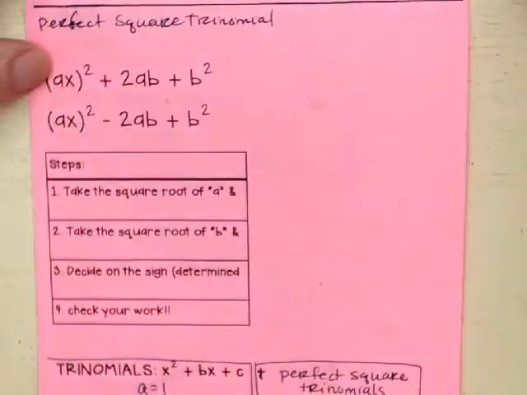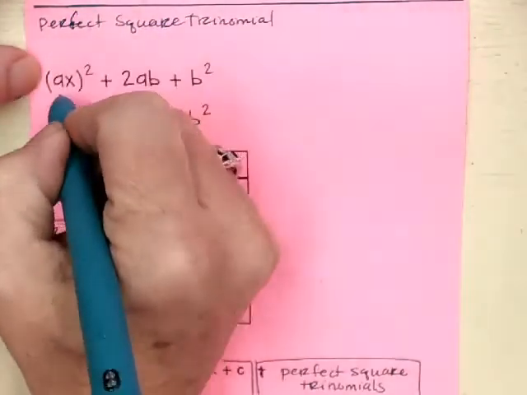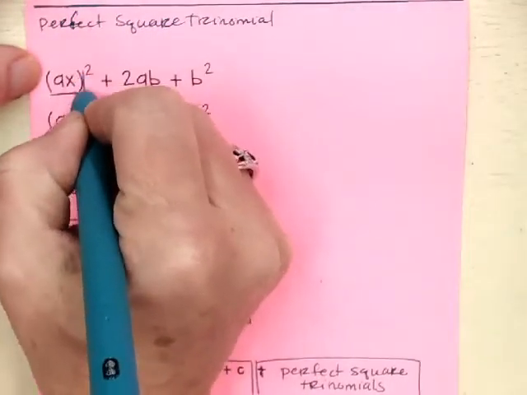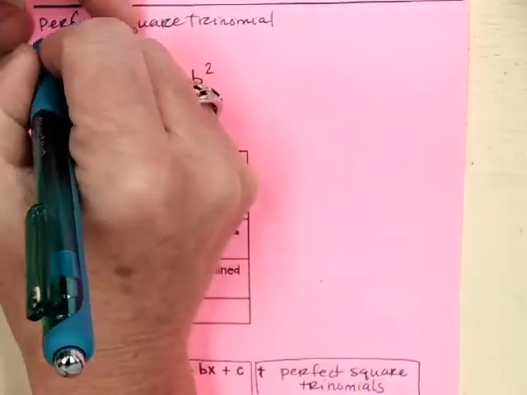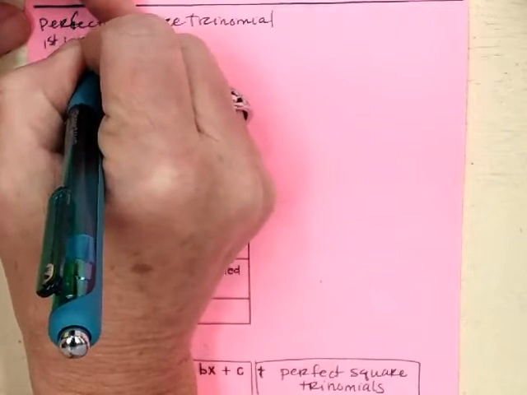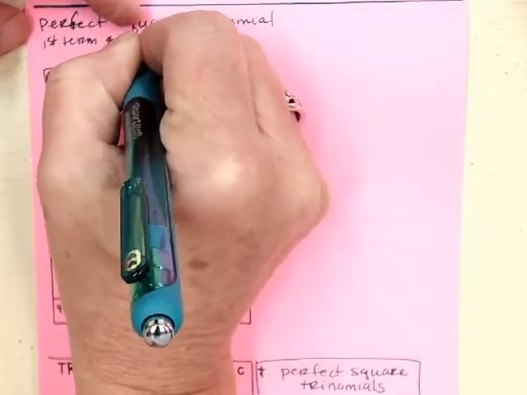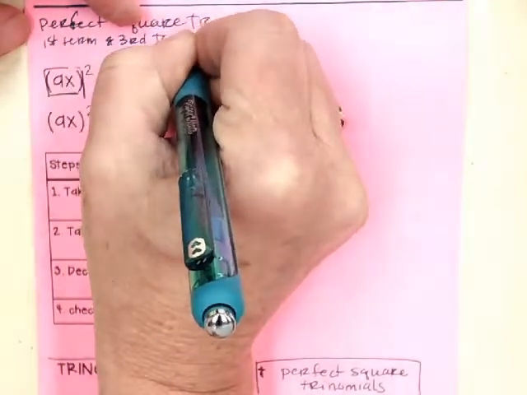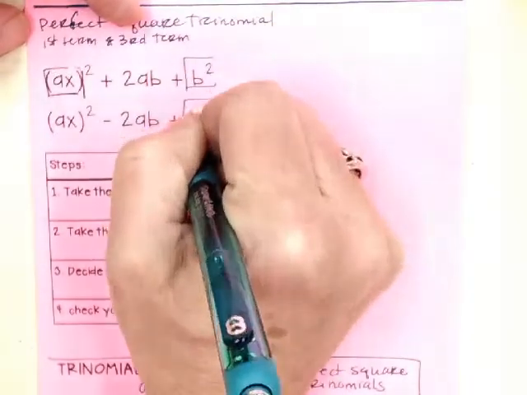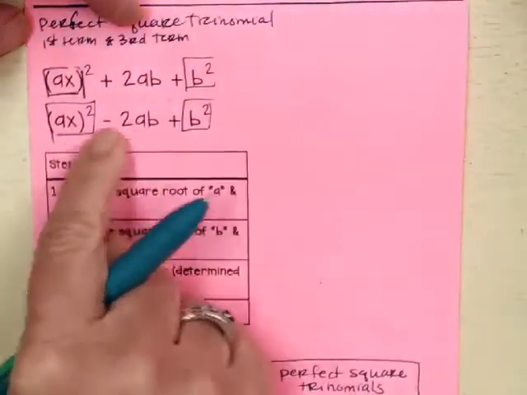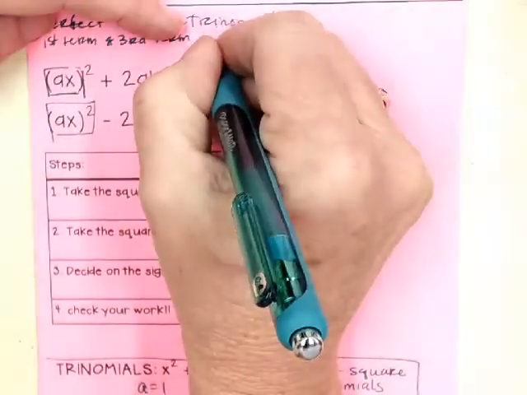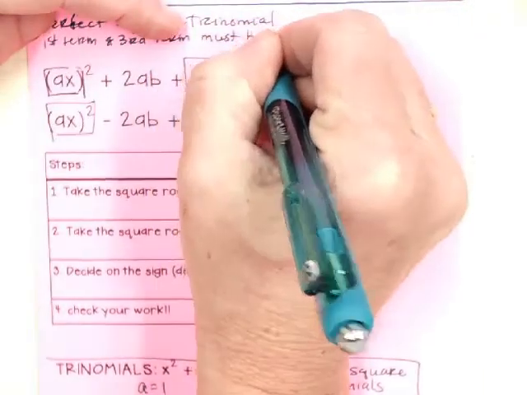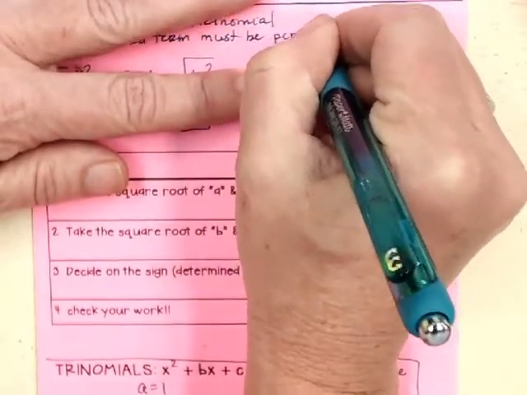And here's the thing that I want you to notice. I'll just put some conditions up here. The first term and the third term must be a perfect square.